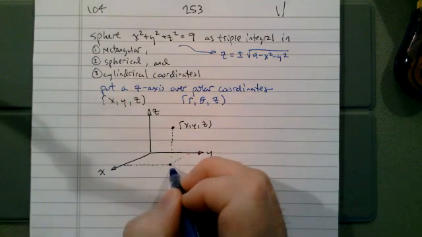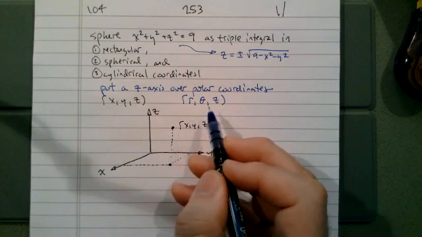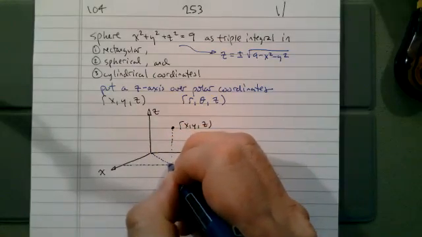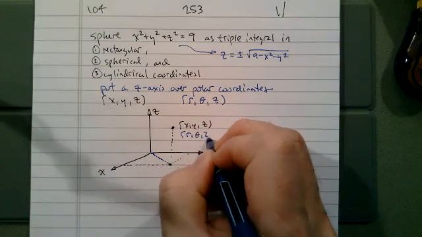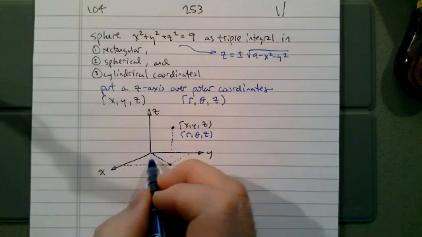We're really just looking at the point in the xy plane and putting it into polar coordinates, r and theta. So the z-coordinate is the same in both. Here's our theta.